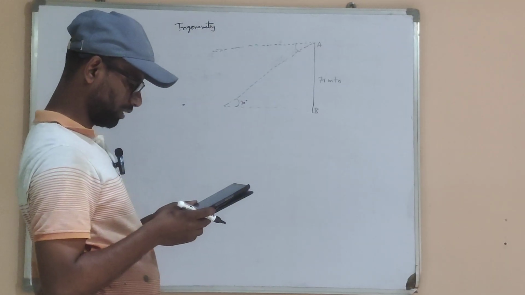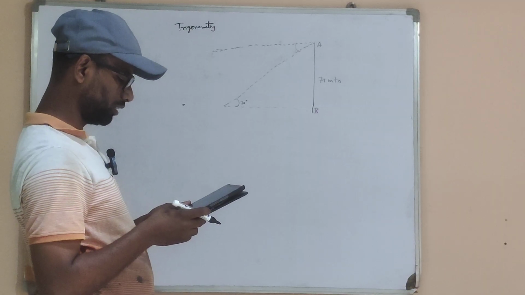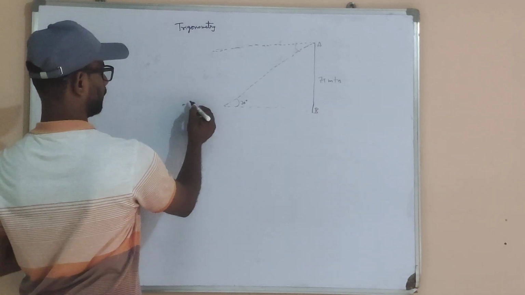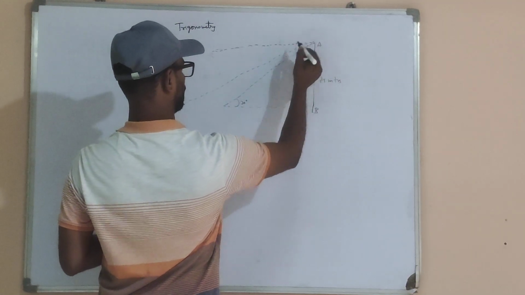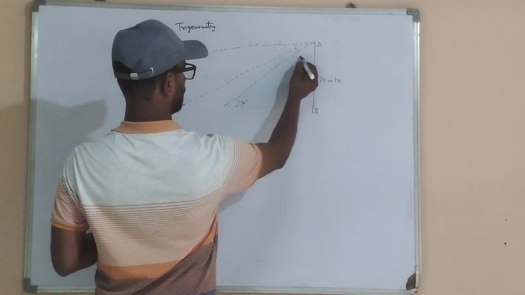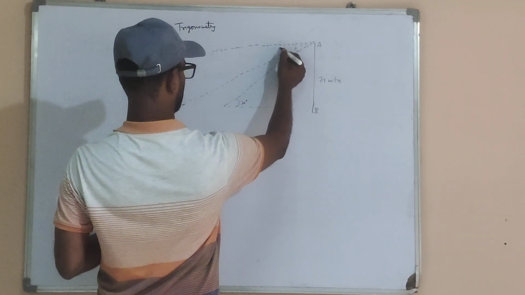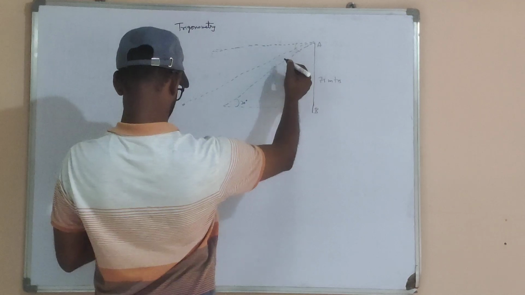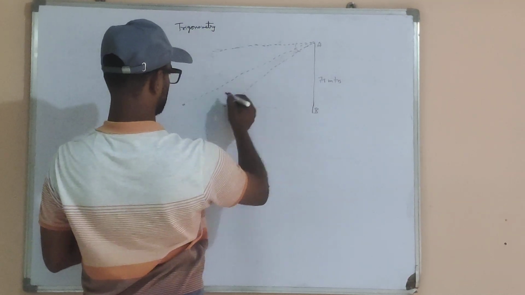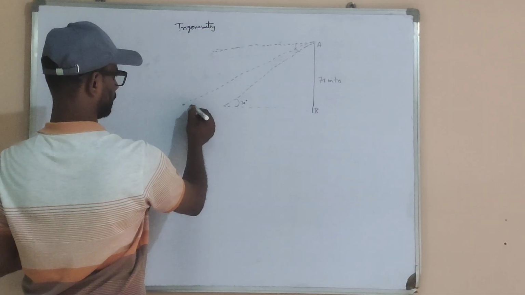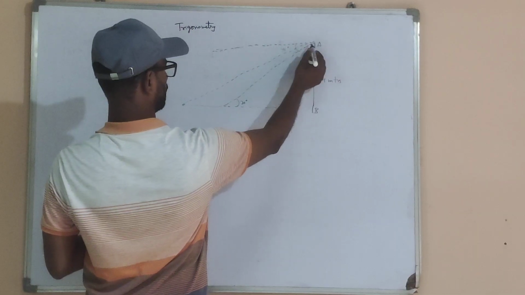If one ship is exactly behind the other on the same side of the lighthouse, find the distance between the two ships. It is also making some angle like this. So this one is 30 degrees and this is 45 degrees.